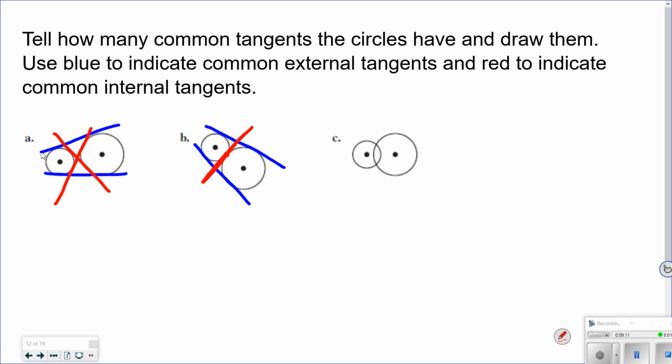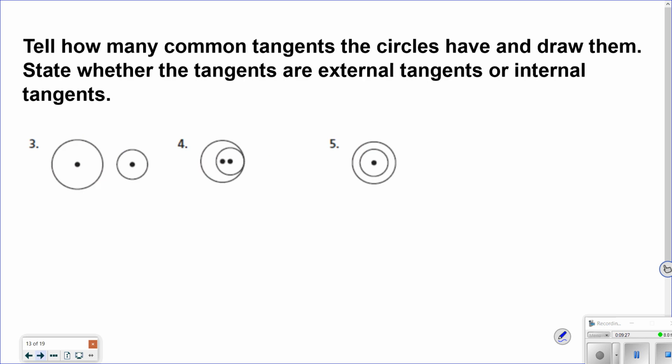If you look at this last example, C here, external tangent line, external tangent line. These do not have an internal tangent line. I can't draw a line that touches both circles once that goes between the 2 circles. Take just a second, see if you can draw these two. So if you pause it for just a second, on your notes page or whatever, draw your external and internal tangent lines.